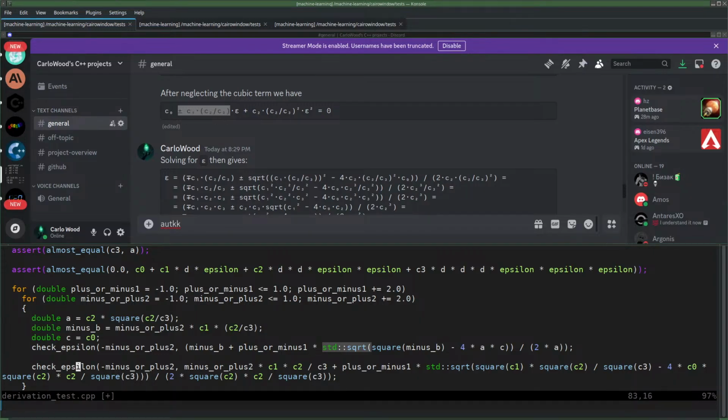Got my parentheses wrong. Minus or plus times c1 times c2 divided by c3 plus or minus the square root of c1 squared times c2 squared divided by c3 squared minus 4 times c0 times c2 cubed divided by c3 squared. And then parenthesis close is for the square, and another parenthesis close is for that one.